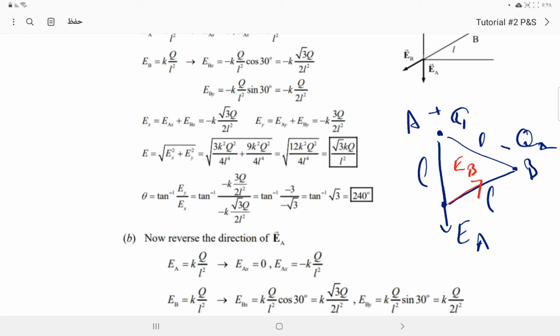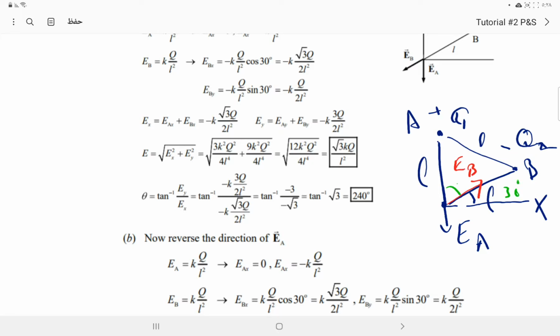Now, what can we do now? We can see easily EA is always going down, no problem with that. But now EB is also a vector, but this time with an angle with the positive x-axis here. Now we should find this angle here again. That's easy for you, because you already knew that this is 60, yes? If this is 60, so this is?